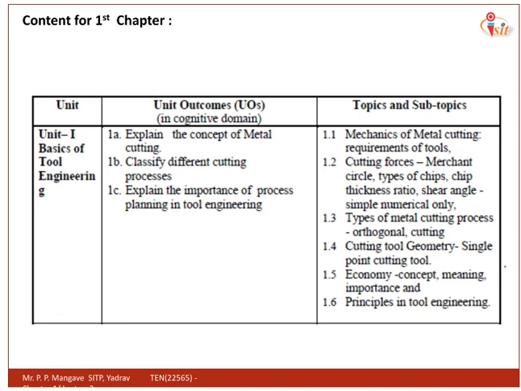Next, you will see types of metal cutting process, or you can simply call it the types of machining processes. Next, you will see cutting tool geometry. Next, you will see the economy of tools, its concept and meaning, that is the economical factors that affect the tools, their life, their cost and other various parameters. And last, there are various principles of tool engineering.